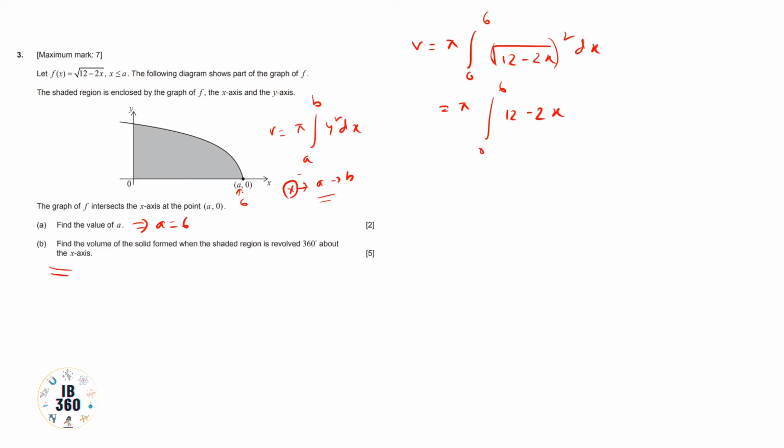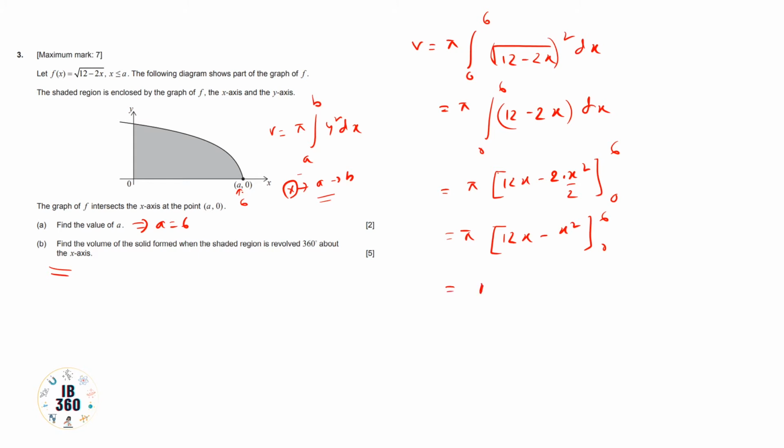From the property of integral calculus, we get 12x minus 2 into x square by 2, from 0 to 6. So pi times 12x minus x square, from 0 to 6.